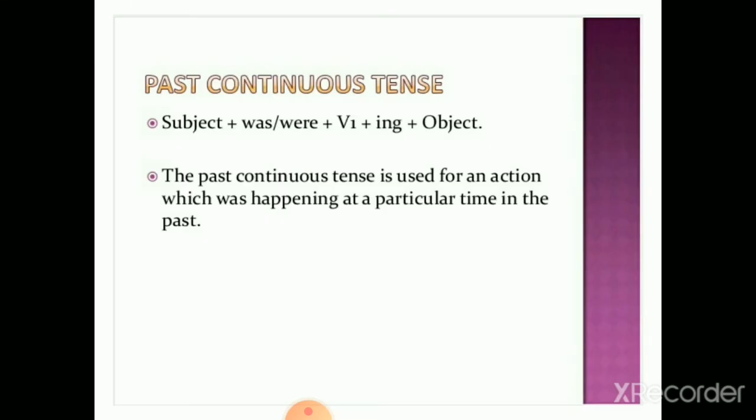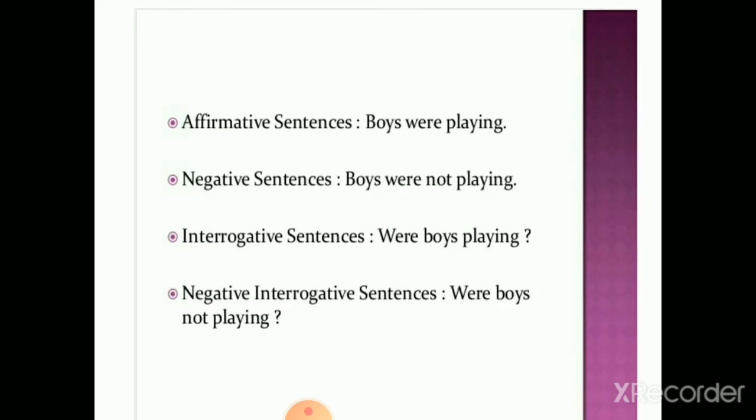Now we will talk about past continuous tense. As we have already done, continuous means something that is happening at the time of speaking. The past continuous tense is used for an action which was happening at a particular time in the past. Let's take an example.